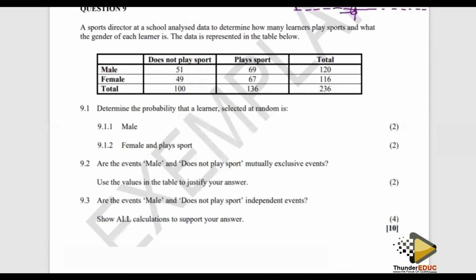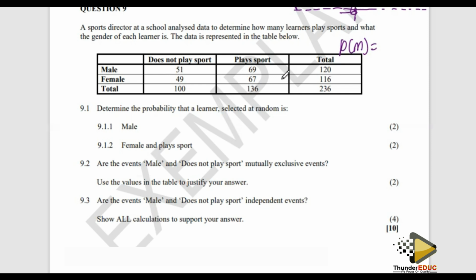Number 9, probability. It says a post director at a school analyzes data to determine how many learners play sports and what gender. Data is given in the table. So the totals have been given to us. In cases where the totals are not there, you have to calculate the totals. Then the probability that a learner selected is male.